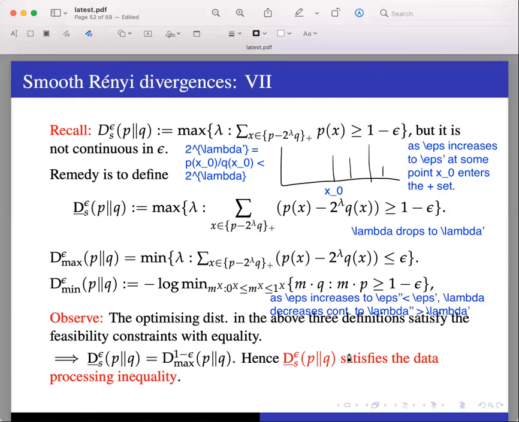Okay. So for the underbar definitions, let's write.